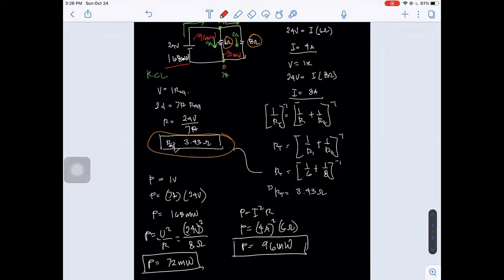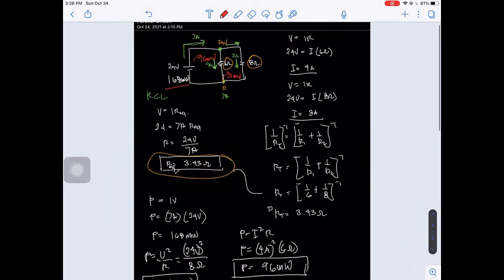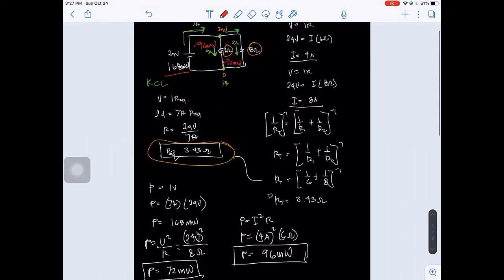So that's it. This is how we are going to solve for a parallel circuit. So let's have one more example.